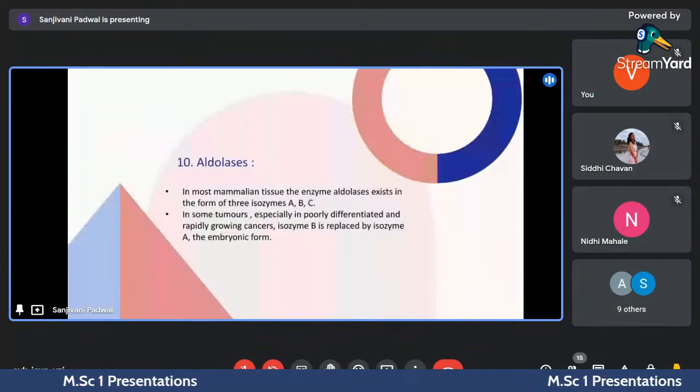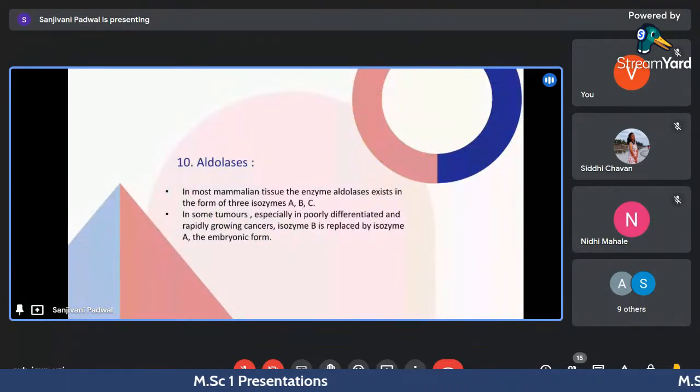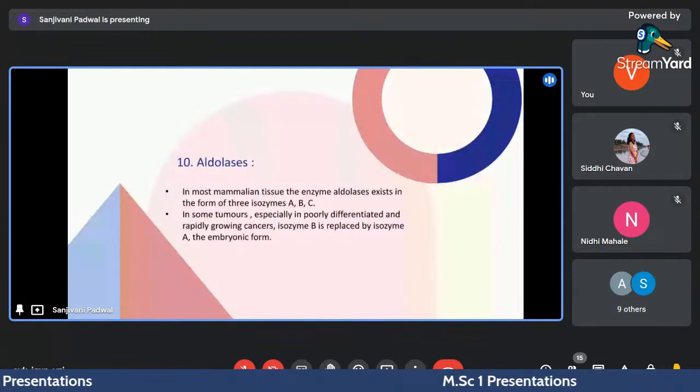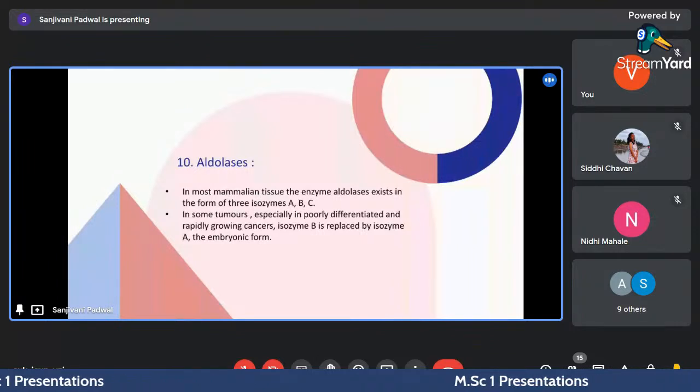Then the tenth one is aldolase. In most mammalian tissue, the enzyme aldolase exists in the form of three isozymes: isozyme A, isozyme B, and isozyme C. Isozyme A and isozyme C predominate in embryonic tissue, while in adult differentiated tissue, isozyme B is predominant.